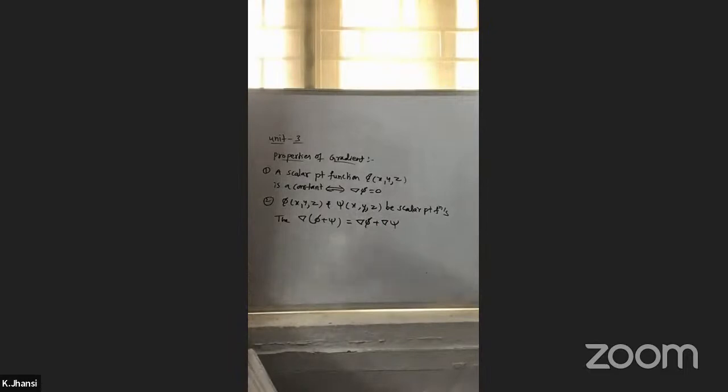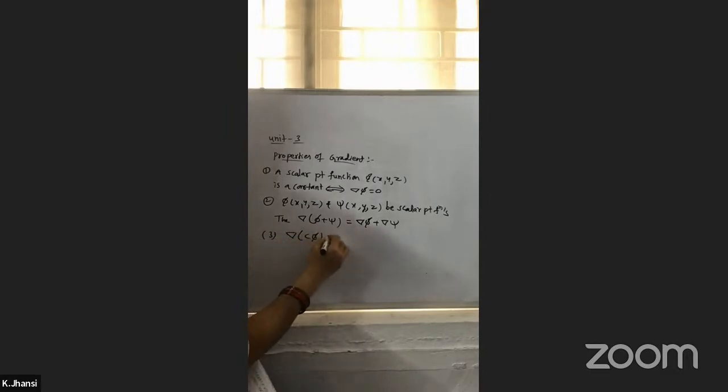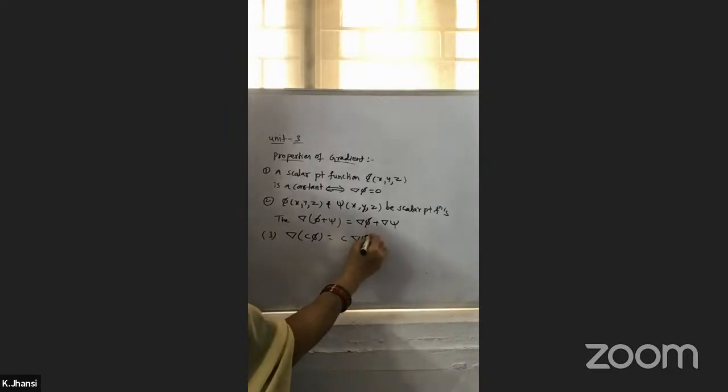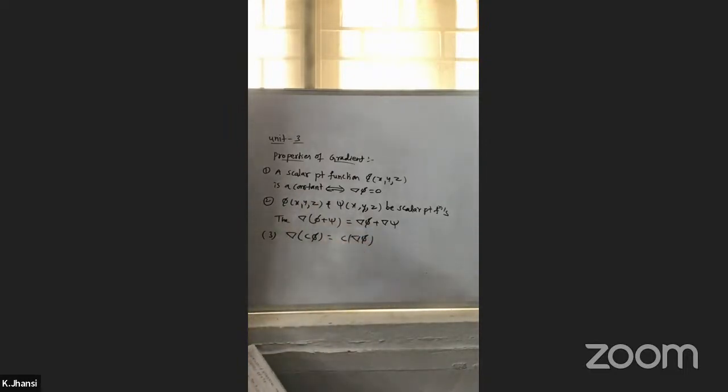The third property: del of any constant into psi is equal to that constant into del psi. And one more property is del of a phi plus b psi.